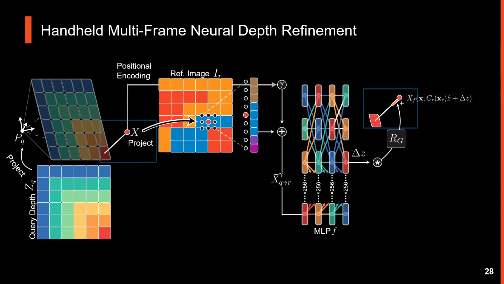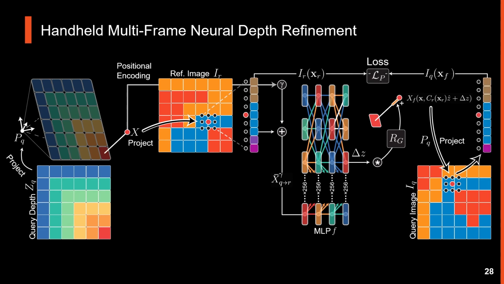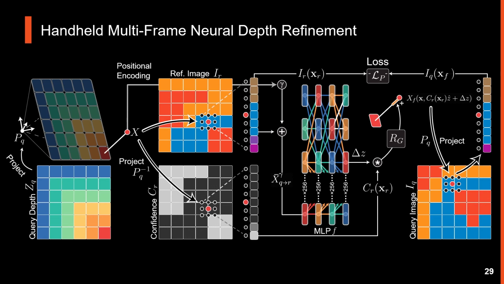We use this refined depth value to deproject the point into our query image frame, sample a new RGB vector, and calculate a photometric loss term to backpropagate through the network. To help better control for textureless regions in the image, we add an explicit confidence weight to this depth correction, with additional details in the main text.